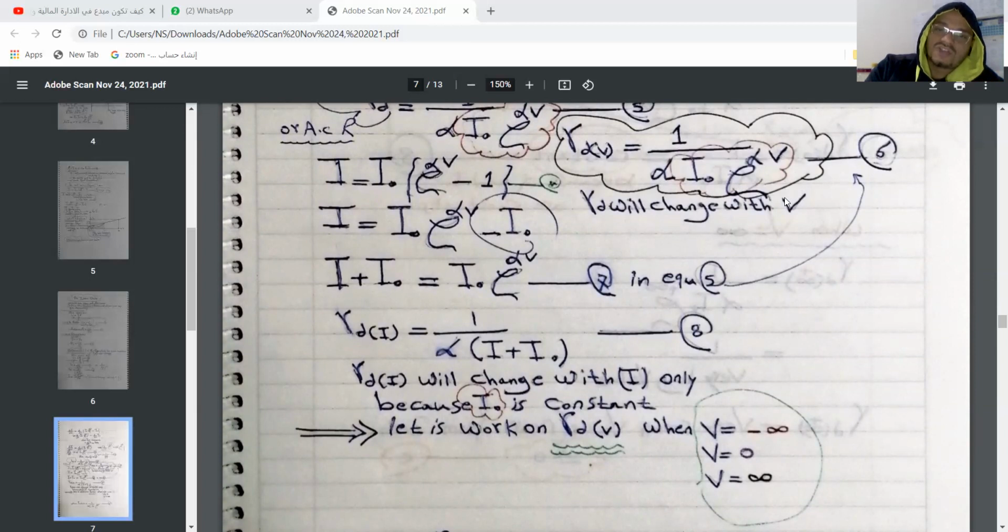The dynamic resistance will change with current only, because I naught, like we know, is constant.